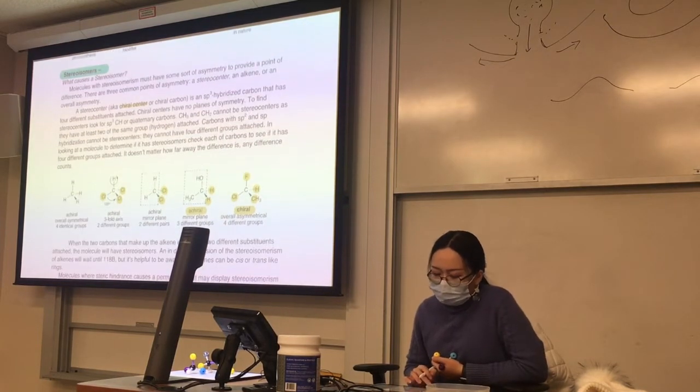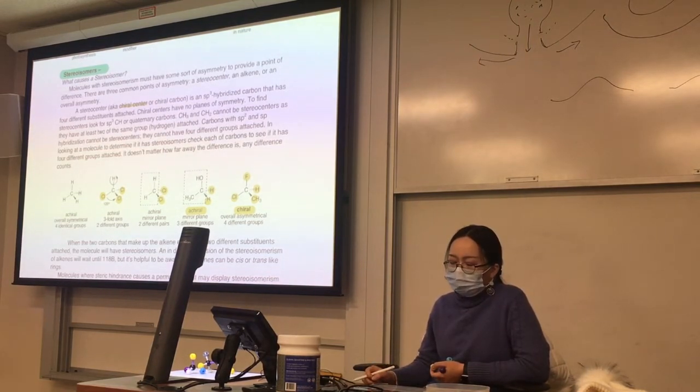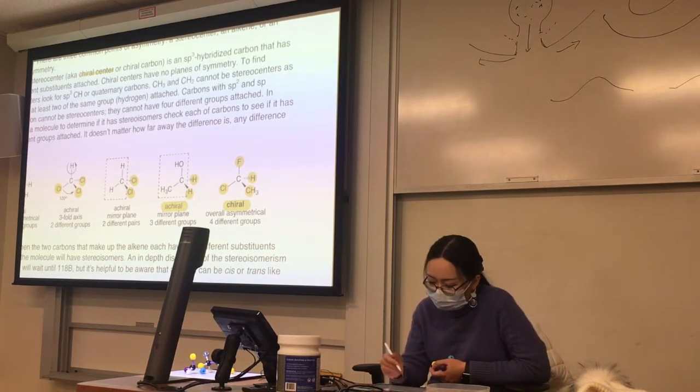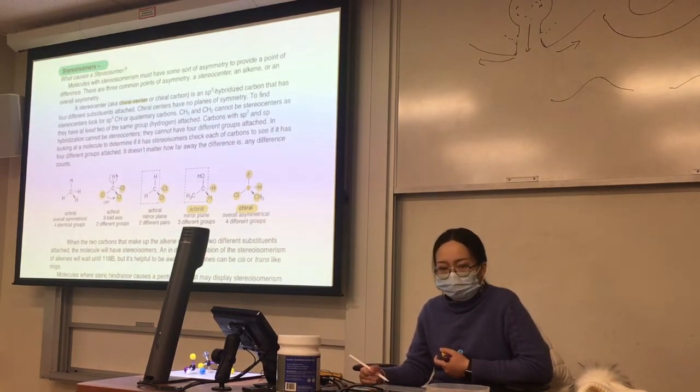All right. If we need to discuss how the wedge or dash changes affect a molecule, then we first need to learn a word, chiral, which is the one I highlighted here. Okay, chiral center. This yellow carbon is bound to 4 different groups. Only if a carbon is bound to 4 different groups is it named a chiral center.